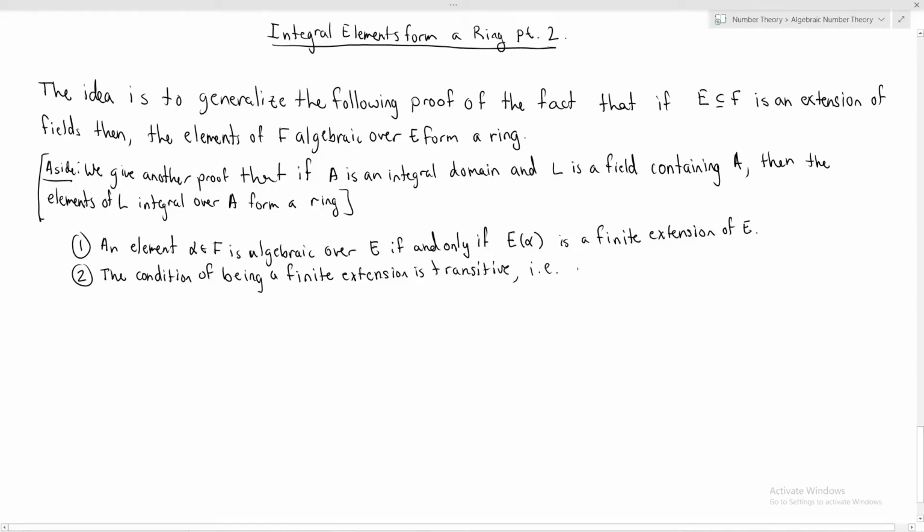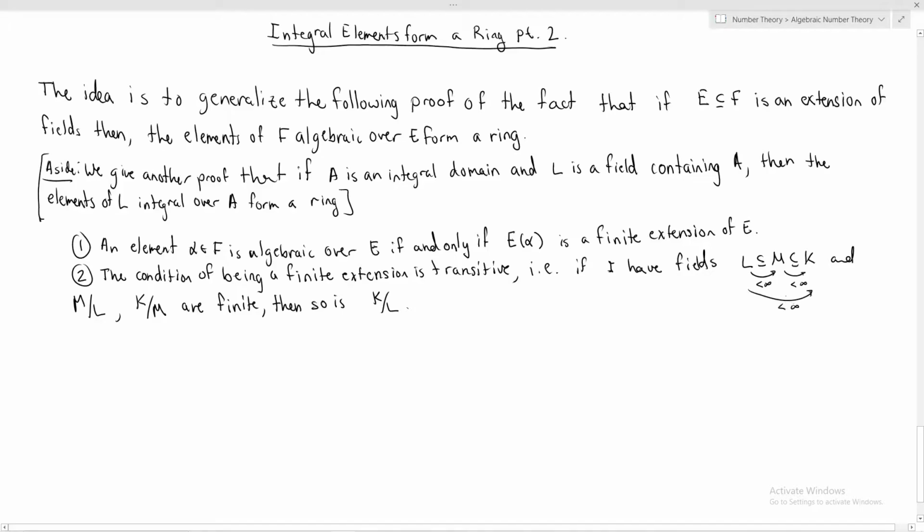I.e., if, let's say, I have fields L contained in M contained in K, and M over L and K over M are finite, and so is the big extension K over L. So essentially, if this is finite, and this extension is finite, then the whole thing is finite. Okay.